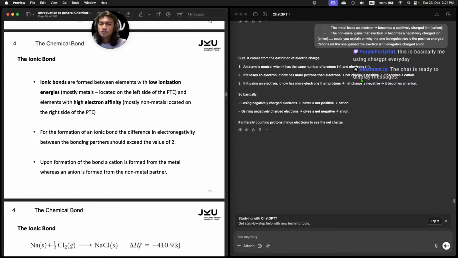Ah, that makes sense. Losing an electron, the proton has more power in a sense, and the proton is positively charged.